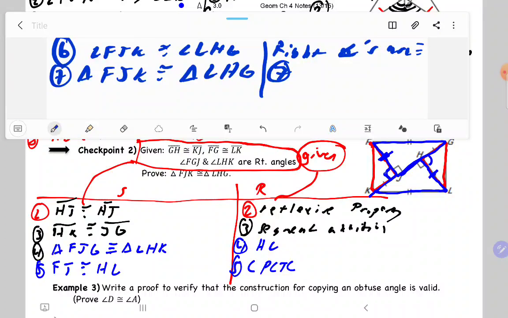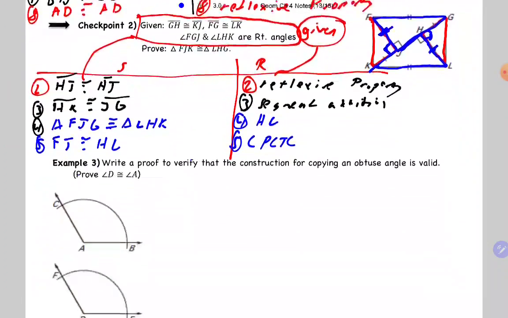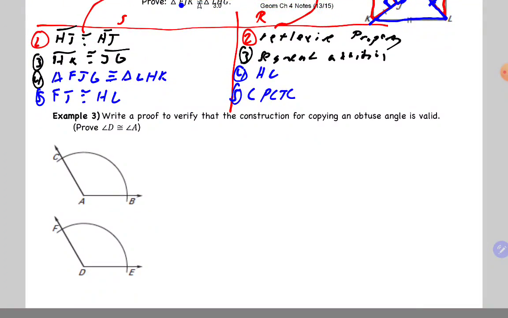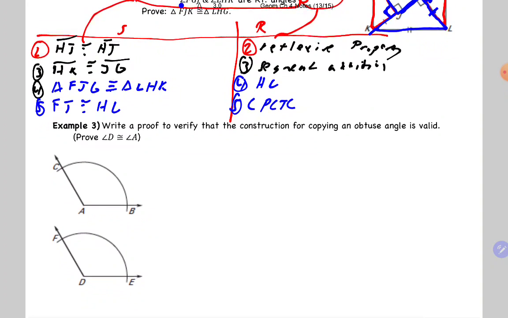Whew. So we have side, angle, side. So side they gave us in the beginning, angle that we found, the other right angle, and then the side. So SAS. That was rough.